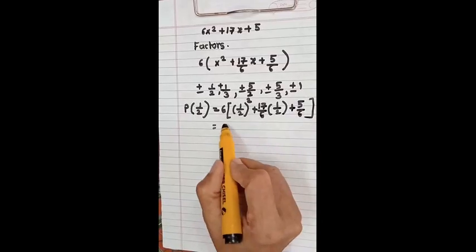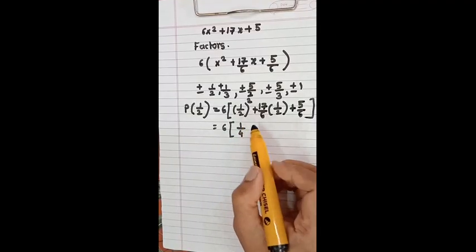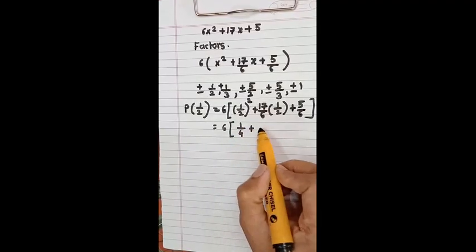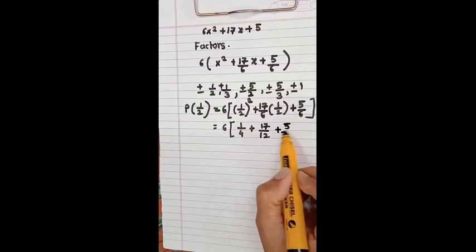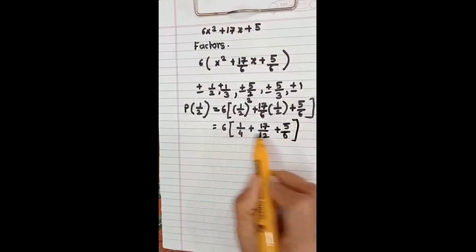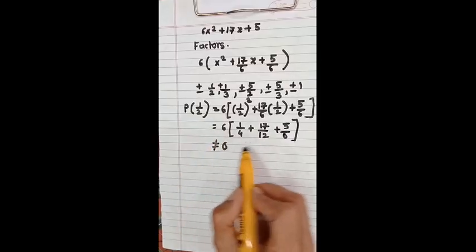You know this will not be equal to 0, but I will solve it for the sake of it: 17 upon 12 plus 5 upon 6. Here this will not be equal to 0. So half is not a factor.